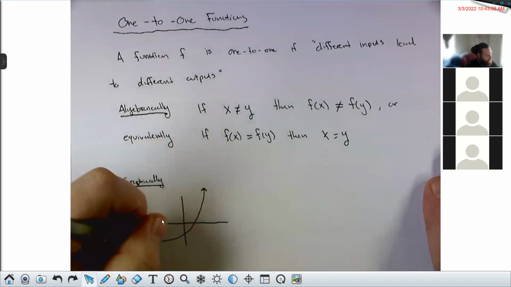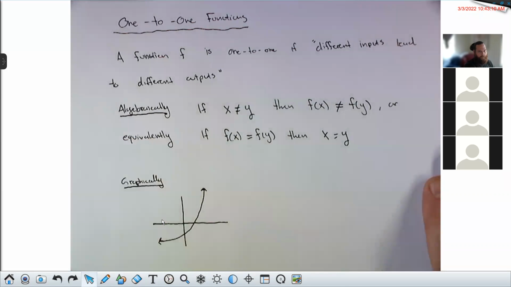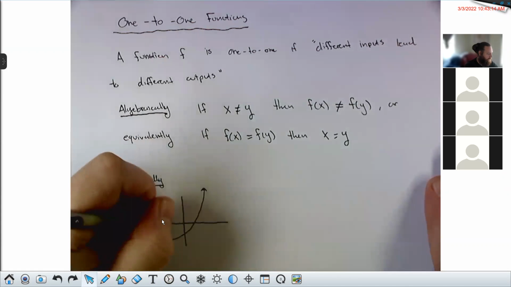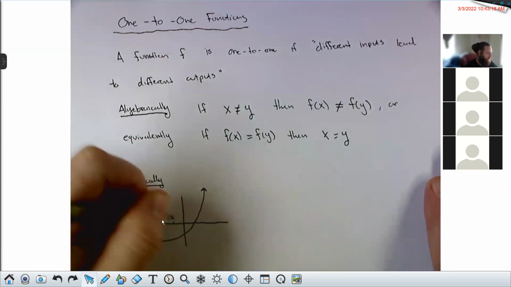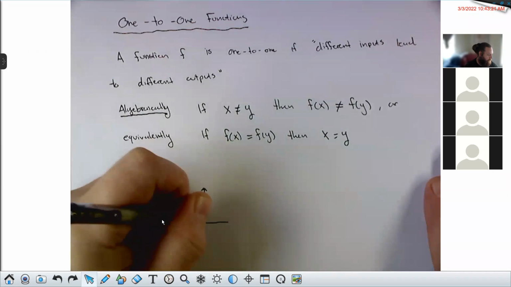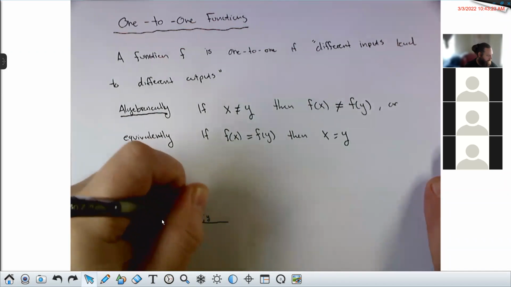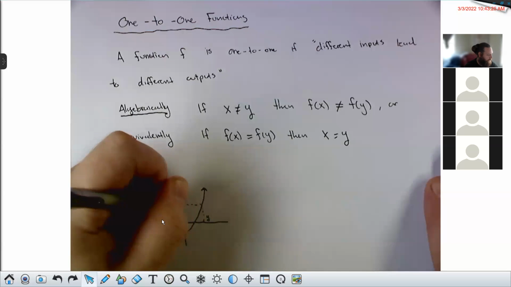A function whose graph looks like this will be 1-to-1, because if you take any two different inputs, say x here and y here, they go to different outputs.